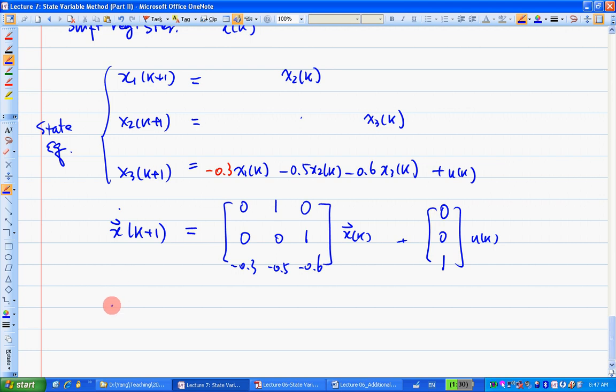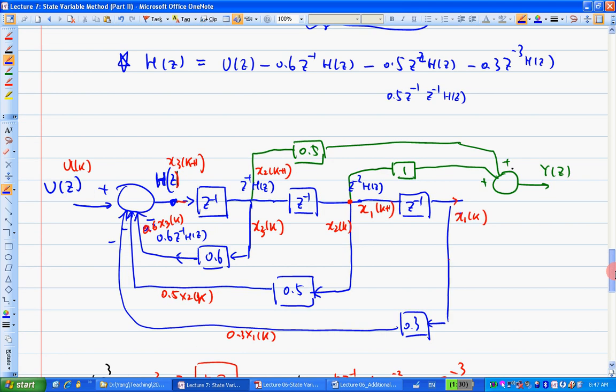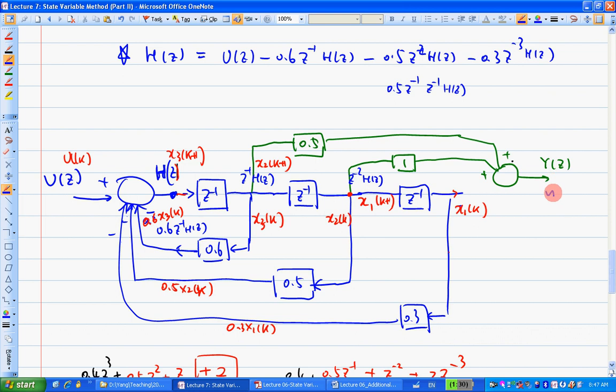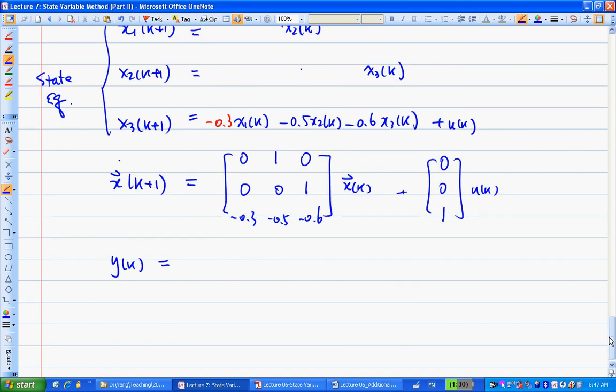And then we also need the output. Coming back to the simulation diagram, the output is here, this is y of k. So y of k will be this 0.5 x3 of k, and this is x2 of k. So the output is basically this plus this, that is x2 of k plus 0.5 x3 of k.